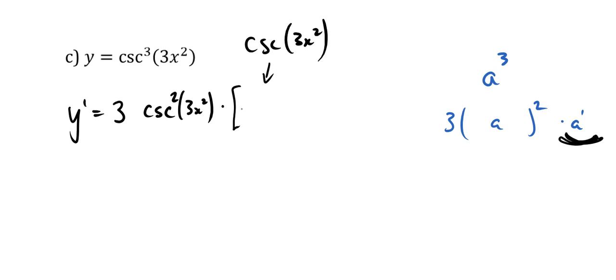So negative cosecant of the same angle, no exponents on the cosecant part, cotan of the same angle. And now what do we have to add in as well? Yeah, 6x, because that's the derivative of the angle. That's the extra part that we do at the end.